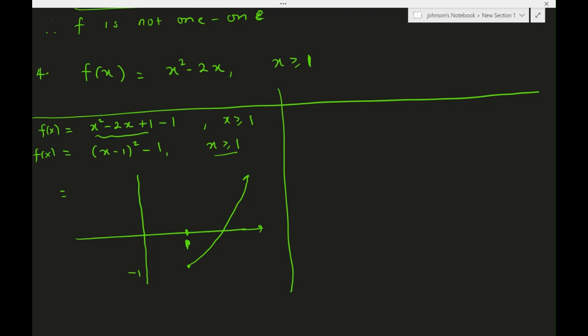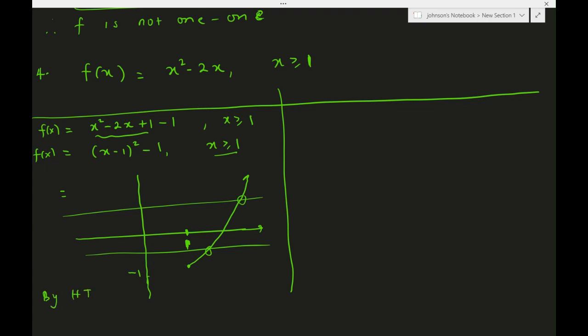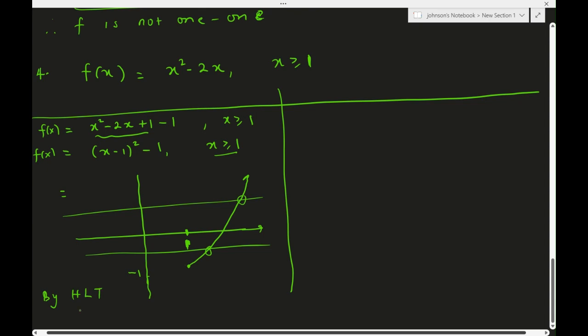So this is the graph of this function. And clearly, this is one-to-one. If you draw your horizontal lines wherever you want, it will only cross the graph at only one point. So by the horizontal line test, you can say f is one-to-one.